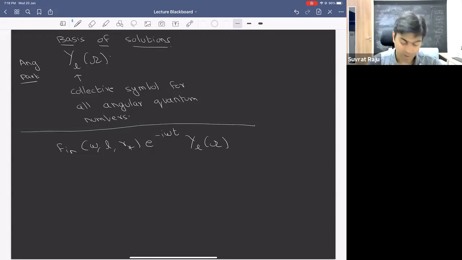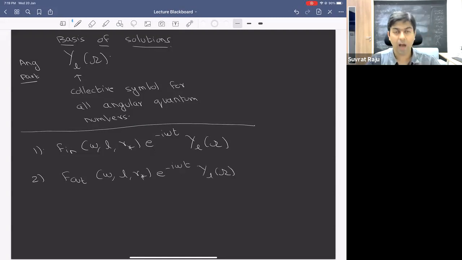And we can choose 2 kinds of solutions. So we can choose one, and I'll explain what f in and f out mean. And we can choose another kind of solution, which looks like this. Okay. So this is a basis of solutions where this f in and f out have a certain specified behavior near r star goes to infinity.